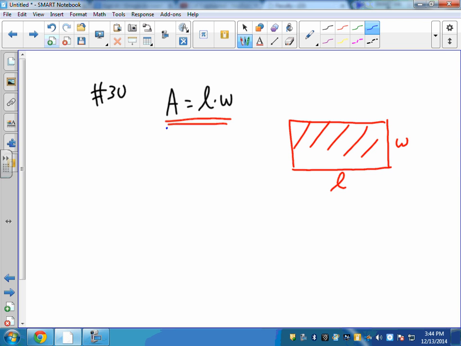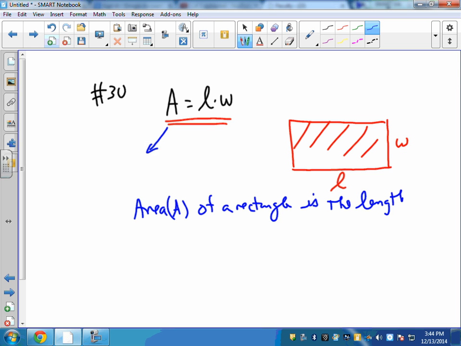So if I were to explain this, including the variables, I would say the area A of a rectangle equals the length, that's the L, times the width, W.